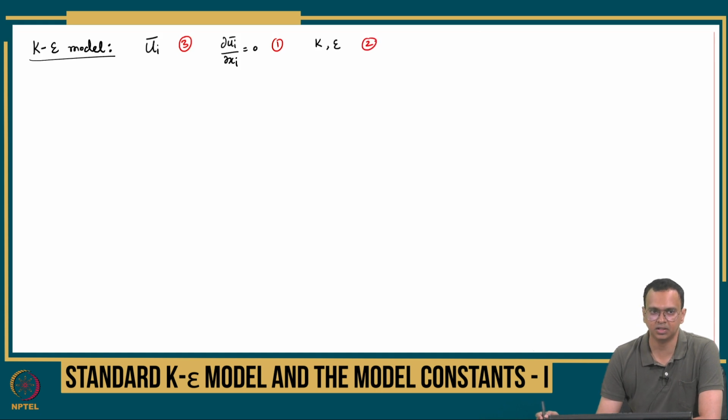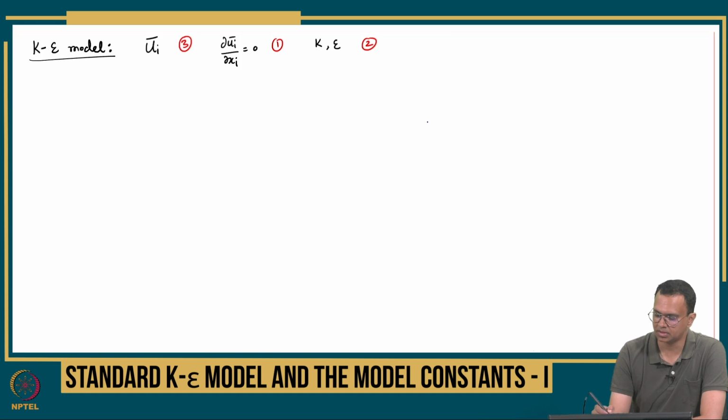The eddy viscosity and buoyancy all come inside the equations here. So essentially you have this many transport equations to solve. The only parameters that were not known so far are the 5 model constants.